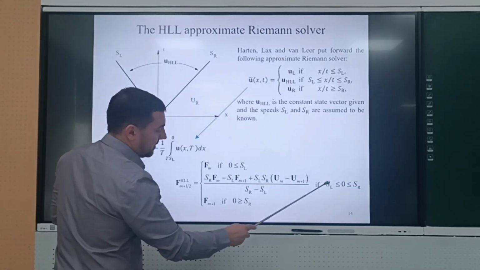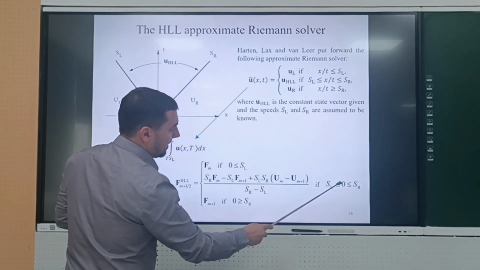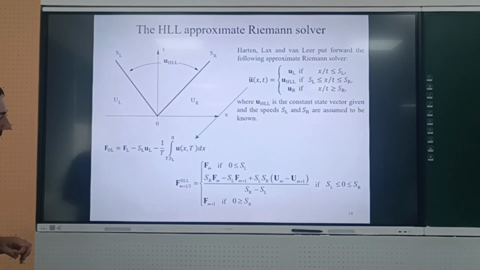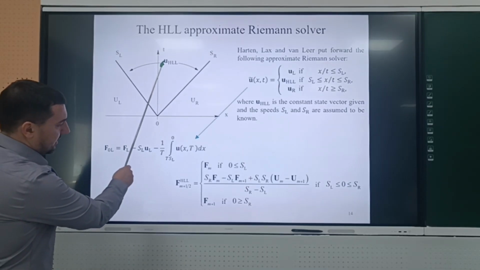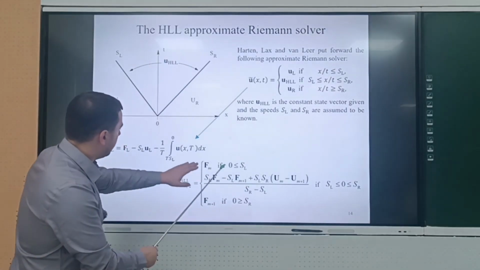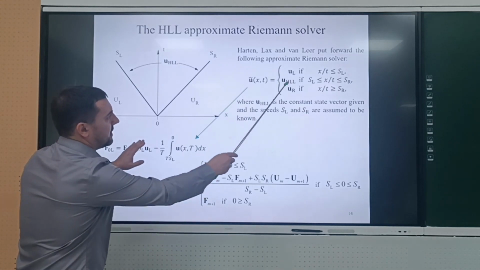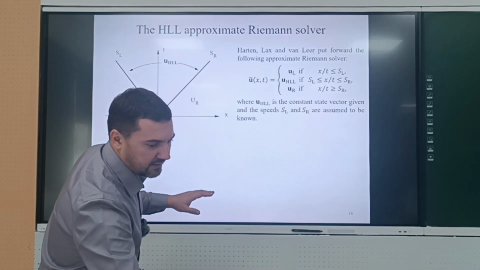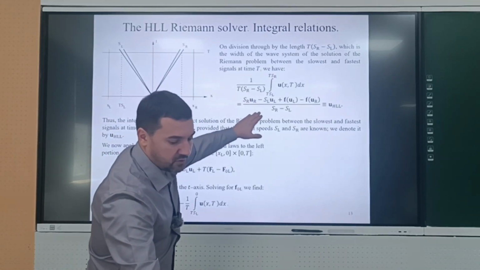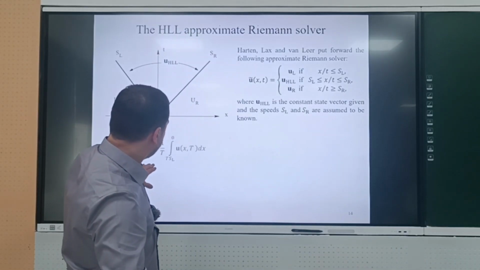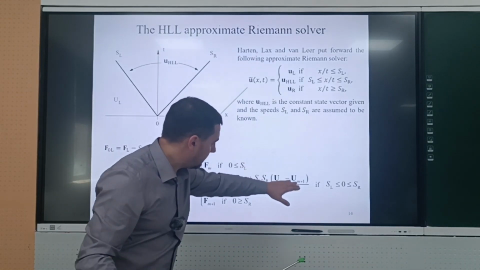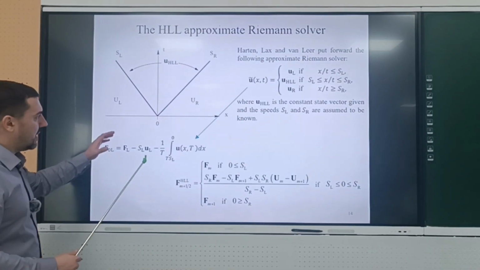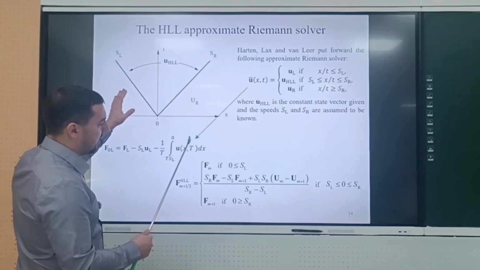But if SL is less than 0 and SR is greater than 0, so this is the most common case, you're something in between, and you should take this formula, which follows from putting in this U_HLL state, where U_HLL is defined by this formula. And this formula actually is very simple. Now we can think of it as a computational cell.